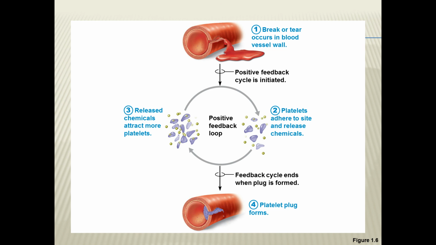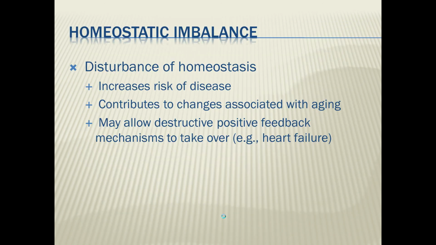And then around that a blood clot will form to more permanently seal off that tear until it can be repaired. And so you keep doing that until you've formed a blood clot, and then it stops. And that is another example of positive feedback.